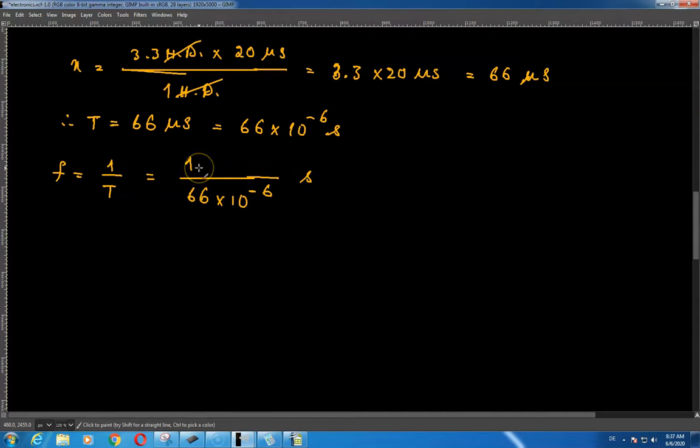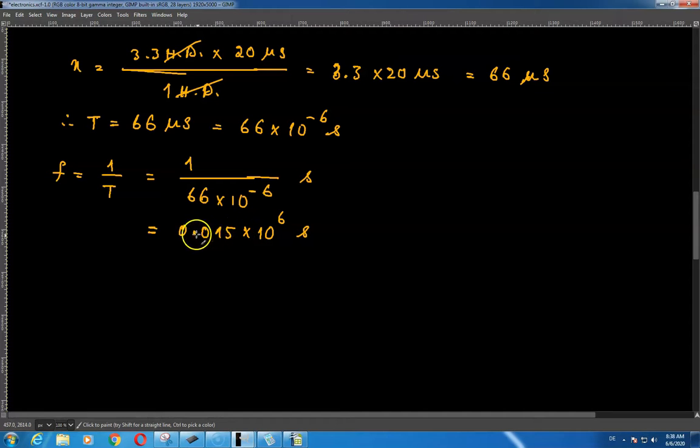And 1 over 66 is the same thing as 0.01515 and so on. I take two significant figures, for example, so I take it as 0.015 times 10 raised to the power 6.